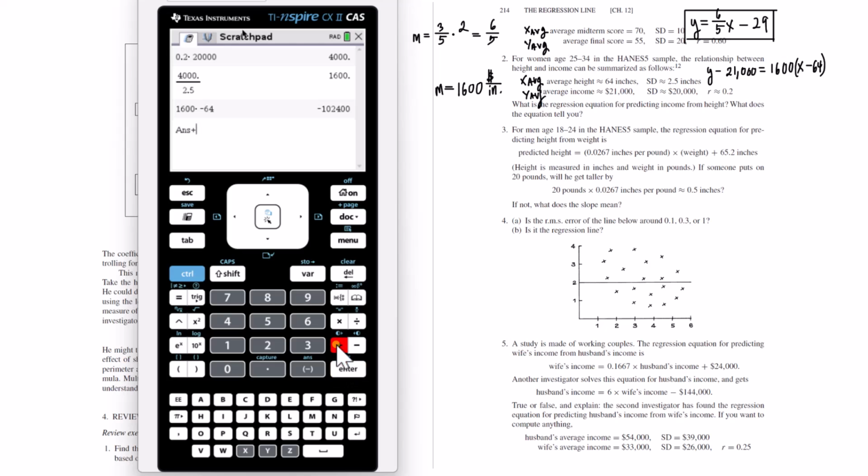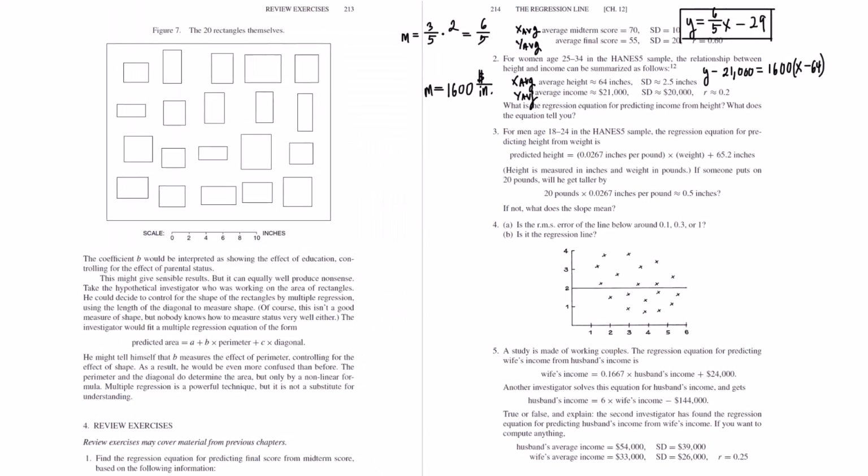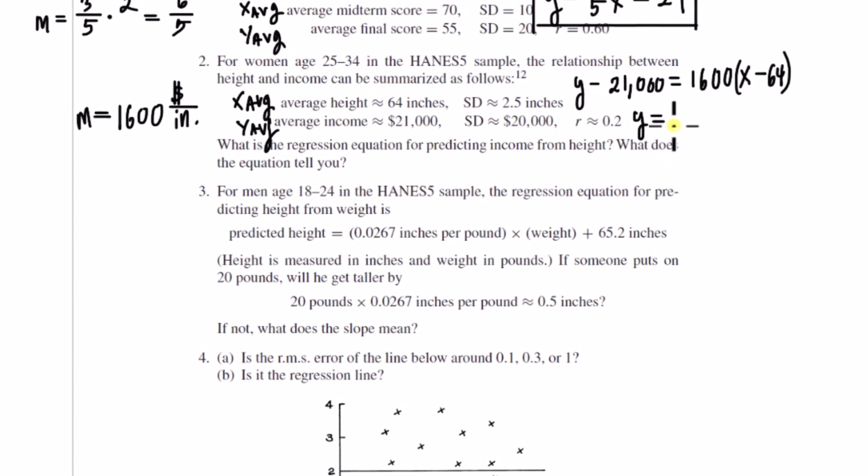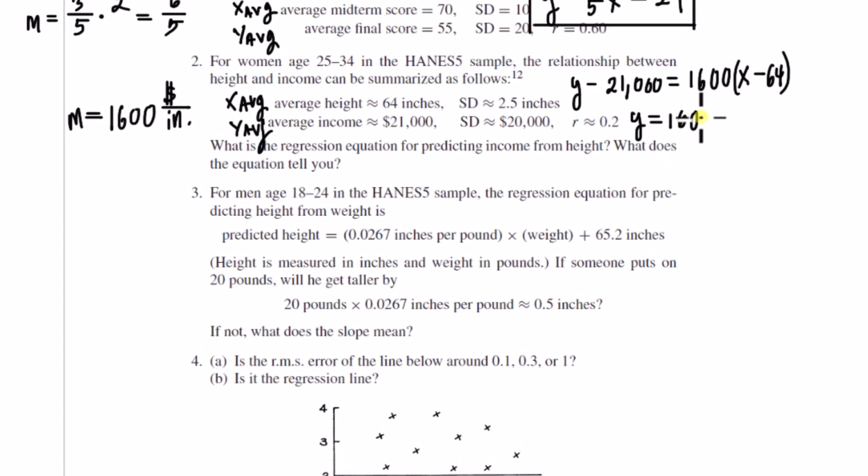Okay, and then if we add to that 21,000 minus 81,400, so we've got y is equal to 1,600x minus 81,400. Okay. So you input a height and it gives you an income.